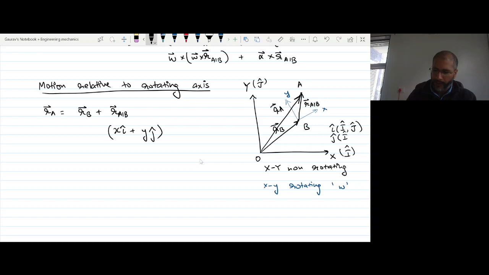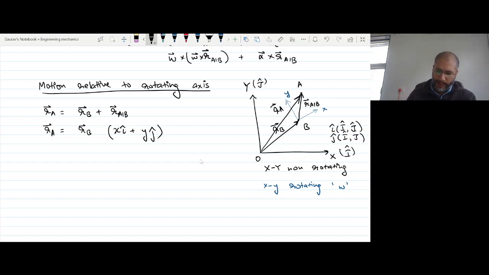That's what a rotating axis means. So small x and small y are the coordinates of point A in the rotating xy axis.